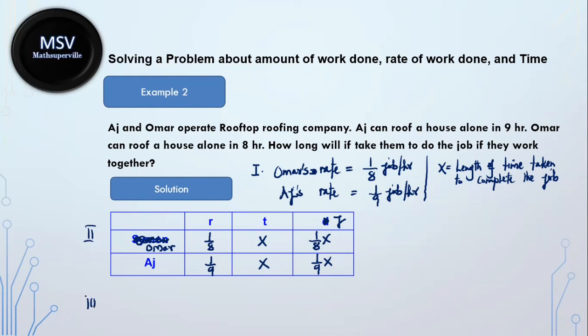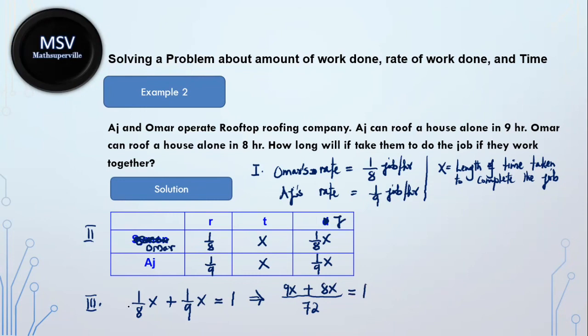In step 3, we will say the total job done, 1/8 of X plus 1/9 of X, should be equal to 1, where 1 means the entire job has been completed. So if we solve this, we're going to look for the LCD. So the LCD is 72, and that gives us 9X plus 8X, and that should be equal to 1.